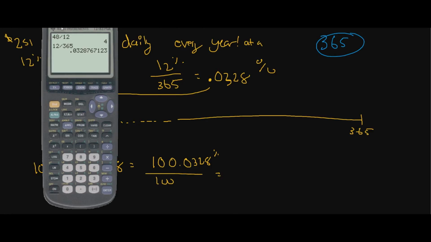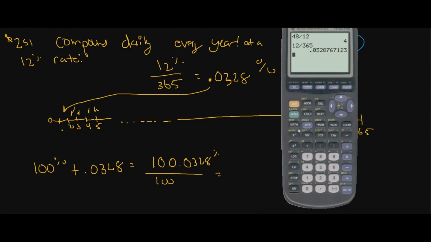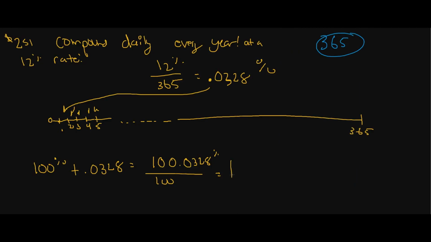We get 1.000328. This is my new constant multiplier.